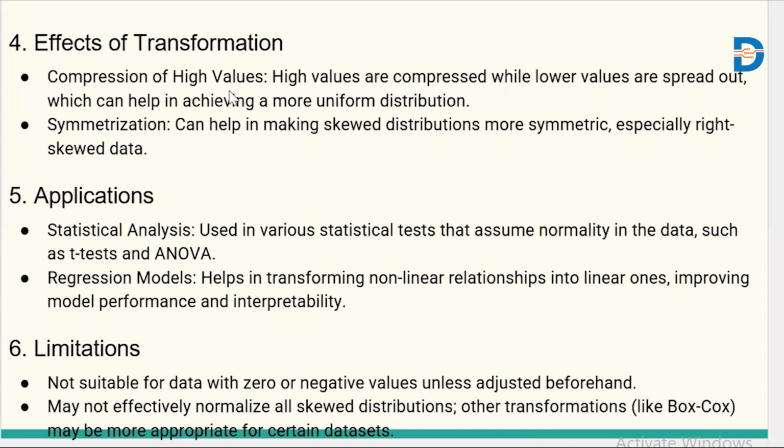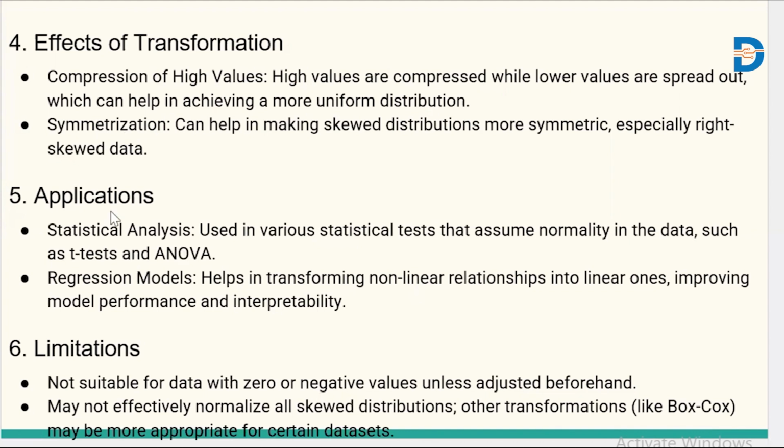To bring the scales to a near extent, use this technique, the log transformation. You'll be compressing the higher values. High values are compressed while the low values are spread out, thereby we'll be achieving a normal or uniform distribution. Symmetrization: skewed data can be converted into symmetric looking data.